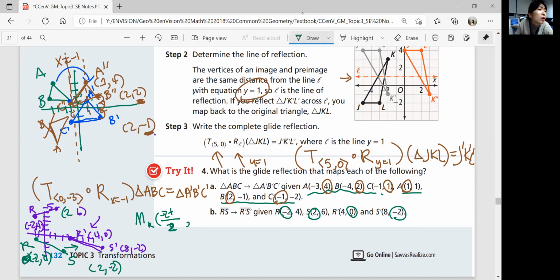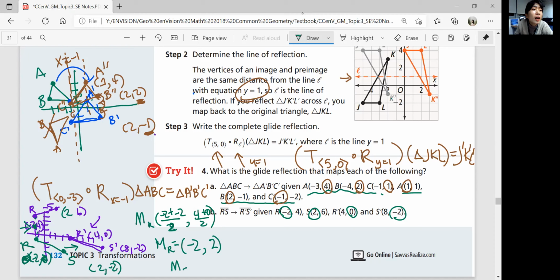You add the -2s because you have the same -2s, right? And then you have 4 and 0. Your midpoint for R: -4 divided by 2 is -2, and 4 plus 0 divided by 2 is 2. So -2, comma 2 should be your midpoint. Does that look right? Yes, it does.